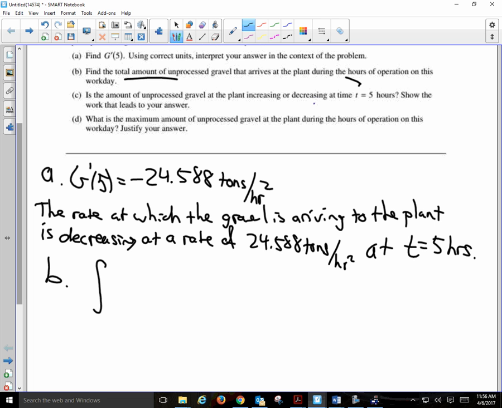If we take the integral of a rate, that's going to give us a total accumulation, whether that be distance or amounts. And it says during the hours of operation. What are the hours of operation? 0 to 8. And I'm going to use the integral of g of t dt. Always set up the integral so they know what you're doing. Don't just put down the answer, okay?